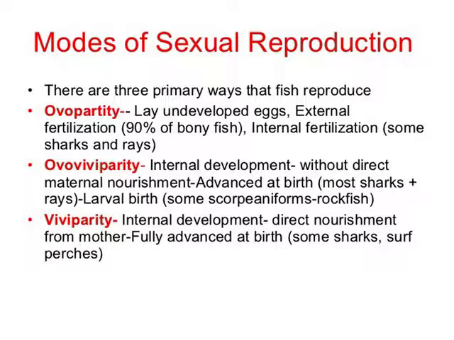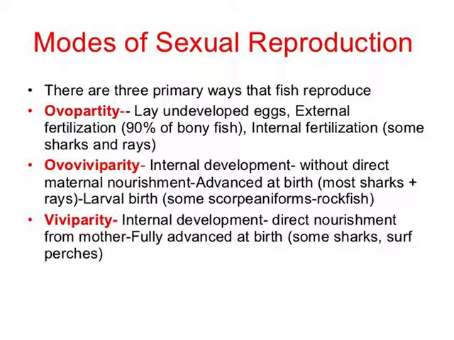Whereas when you have ovoviviparity, that's internal development without direct maternal nourishment. Shh, mommy's almost done. And this is where the eggs will be fertilized inside. They will develop inside, but then as soon as they're born, they're left to fend for themselves. And then lastly is viviparity, which is internal development with direct nourishment from the mother.